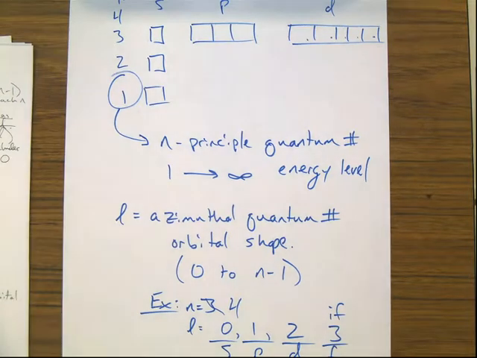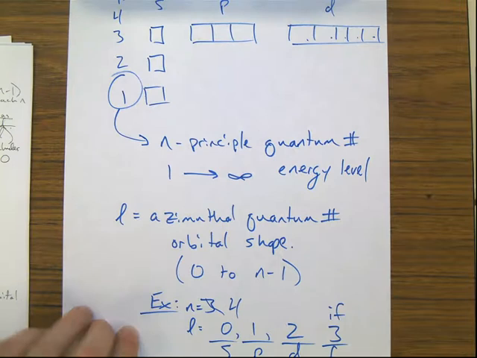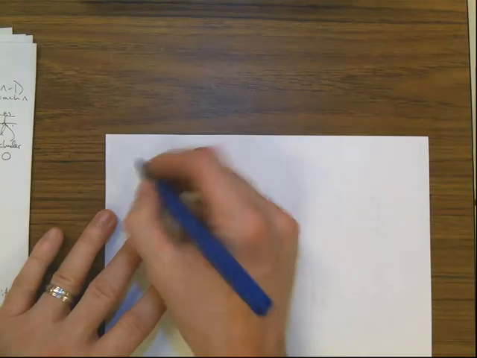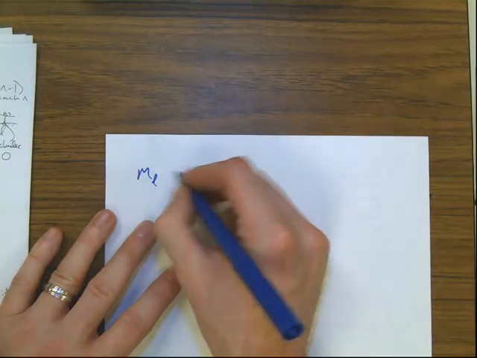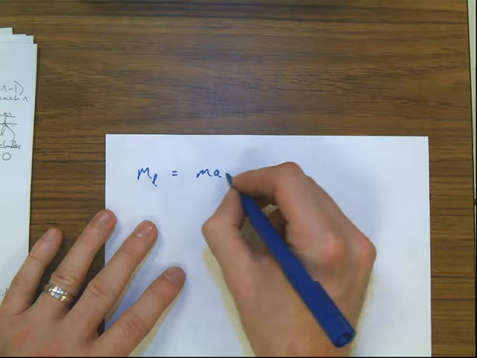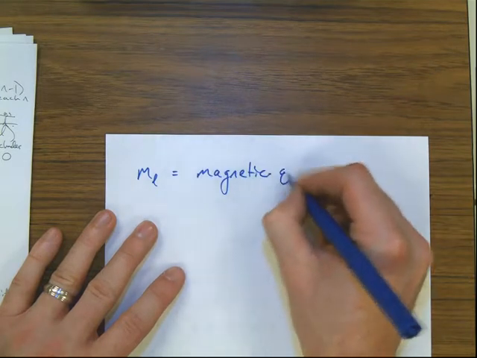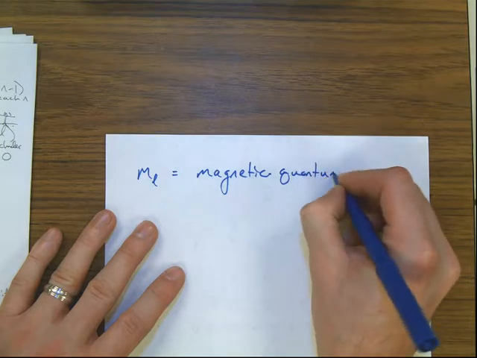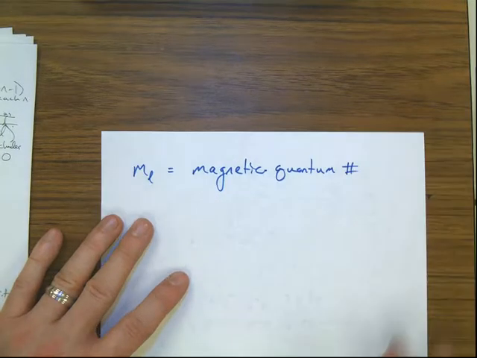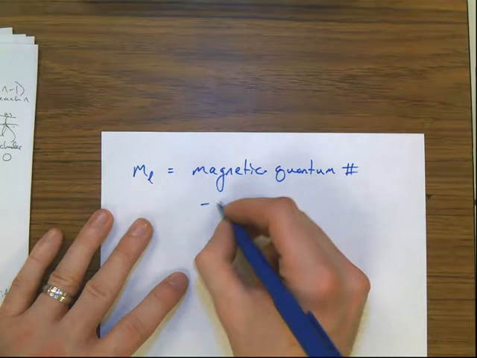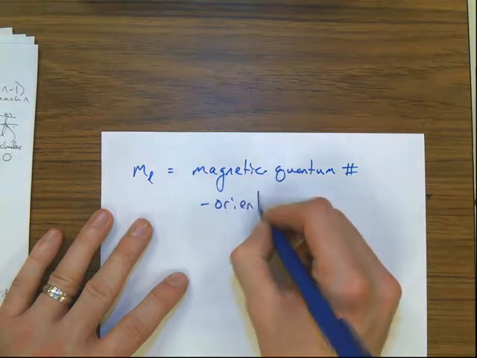Now let's talk about another quantum number. This quantum number is m sub L, which we call the magnetic quantum number. What the magnetic quantum number tells you is the orientation of the orbital.